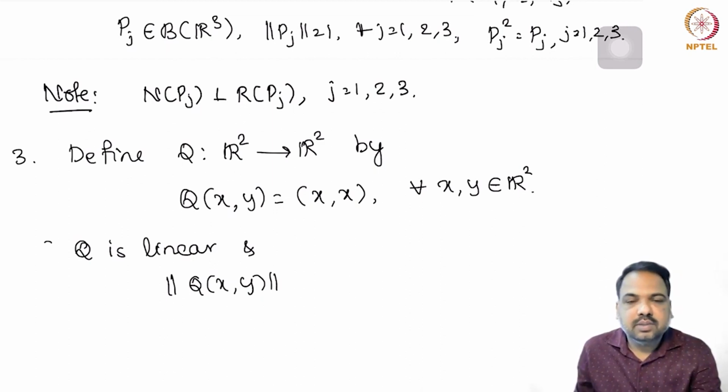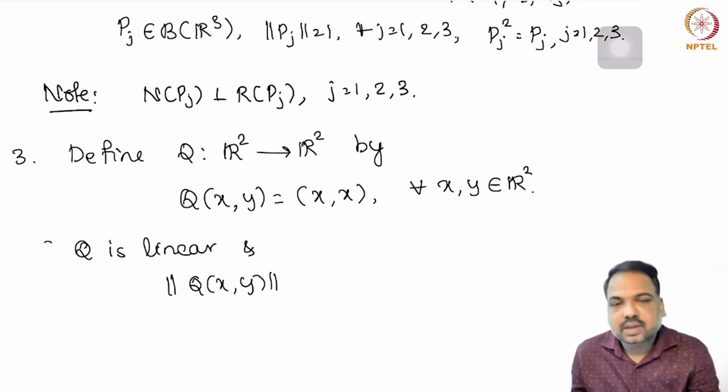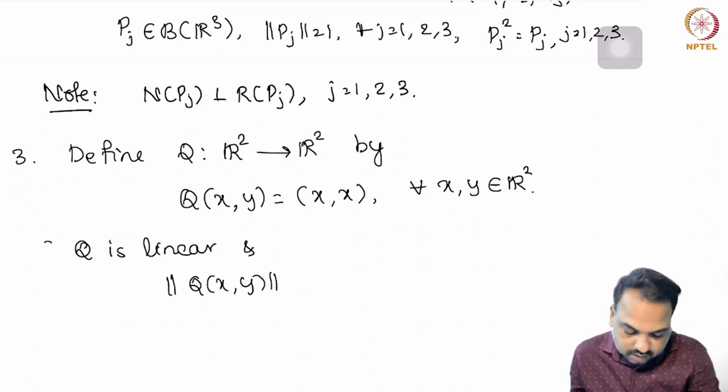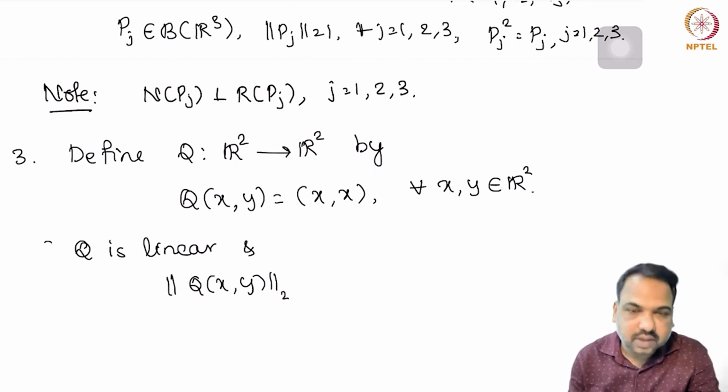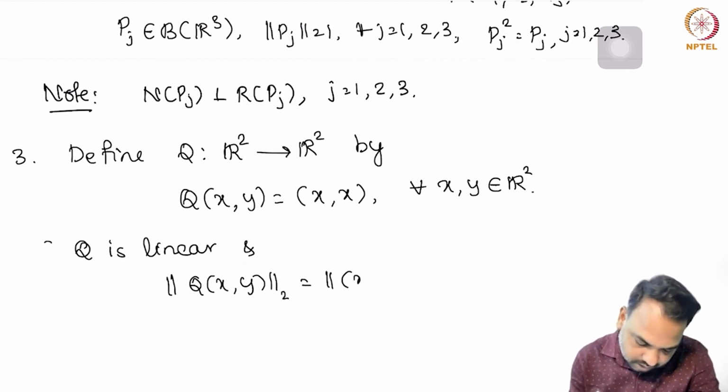And if you look at the norm of Q(x, y), whenever we discuss R2, R power n or C power n, we use the Euclidean norm and the Euclidean inner product. All the time we use that convention. So the L2 norm of Q(x, y) is nothing but the L2 norm of (x, x).